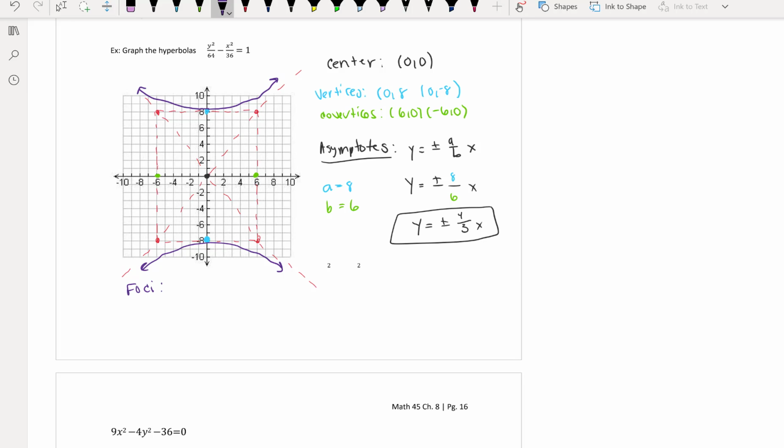So the foci, remember, that's going to give me c squared is equal to a squared plus b squared. So my a squared is 64 and my b squared is 36. So 64 plus 36 is equal to 100.